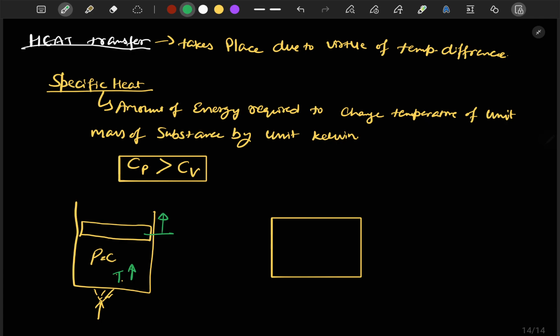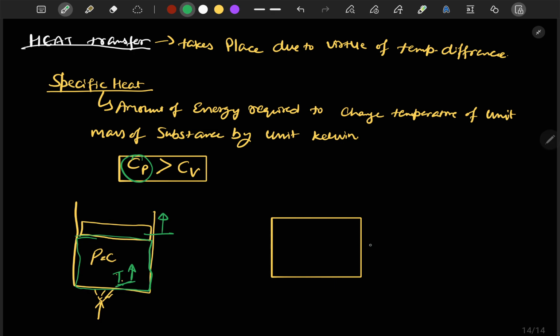So it means that for heat transfer at constant pressure, we require two things. The Cp, which we use to represent the specific heat at constant pressure, will include two things. One is the boundary work, the work done due to the movement of the piston. The second is the internal energy change due to temperature change.